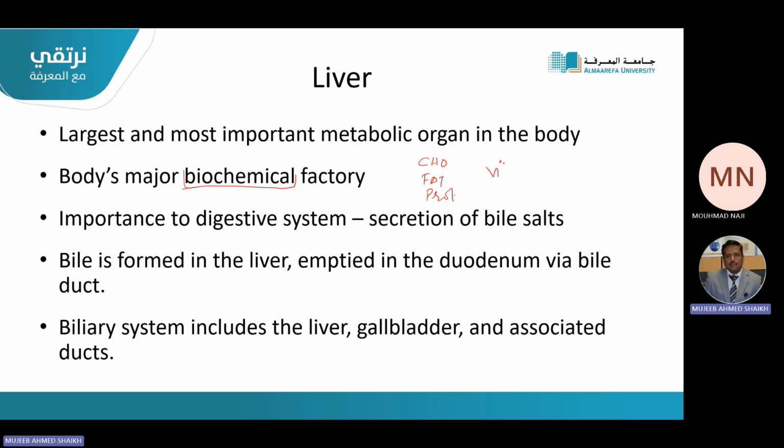Along with it, vitamins and minerals are also metabolized or converted into their absorbable form or the actual form in the liver. So the liver is a factory where biochemical reactions are going on. And it has importance mainly in the digestion of fat, how the fat is digested and absorbed also.